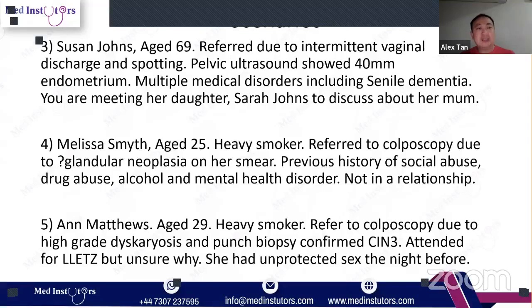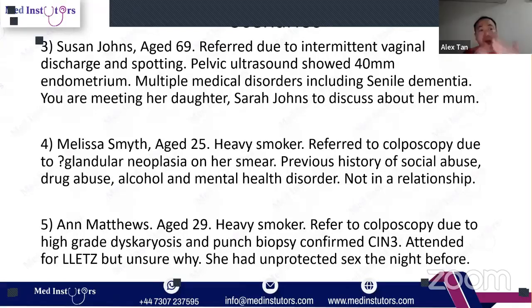So CIN3 is a high-grade change in the cervix that is not cancerous on its own, but it's precancerous. Which means that if you leave it on its own, or if left untreated over the years, it has the ability to become cancer. Simple. Yeah, thank you very much.